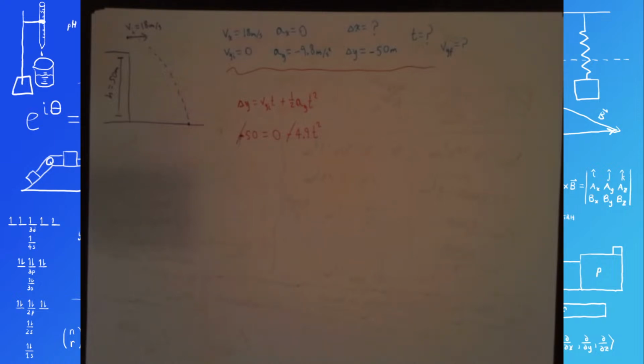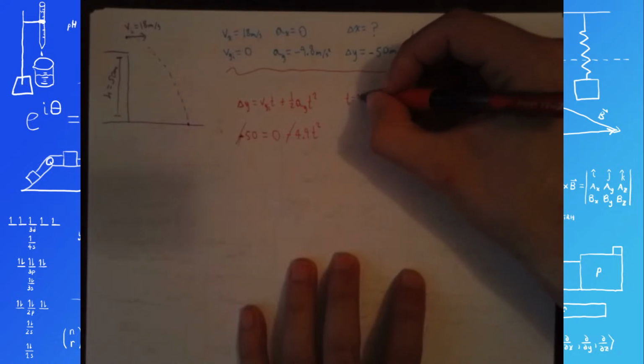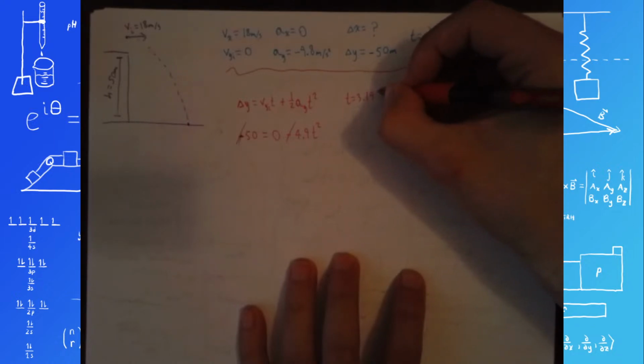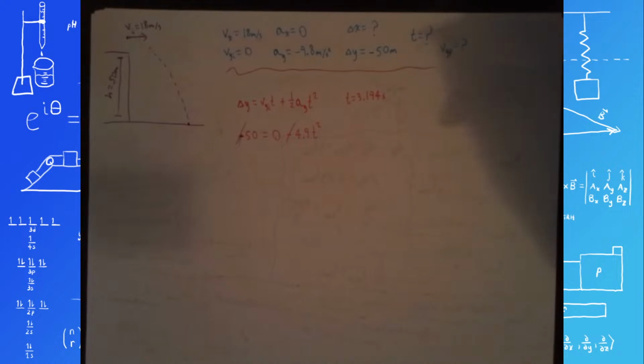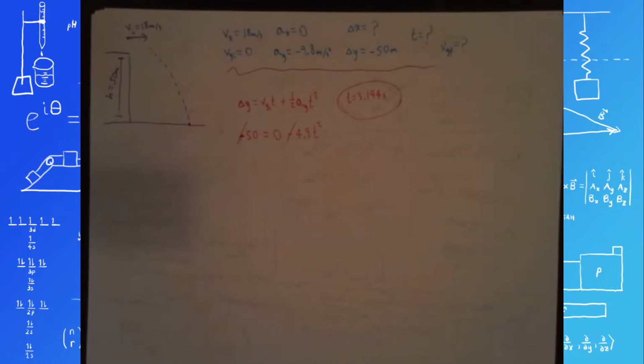If I take the square root of that, I get 3.19438. I'm just going to round to 3.194. T equals 3.194 seconds. Okay, that's the first thing they asked us for.